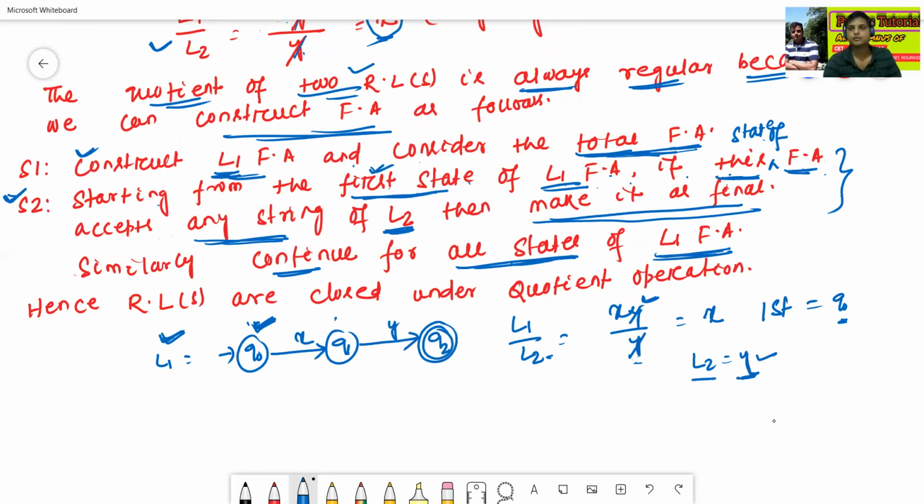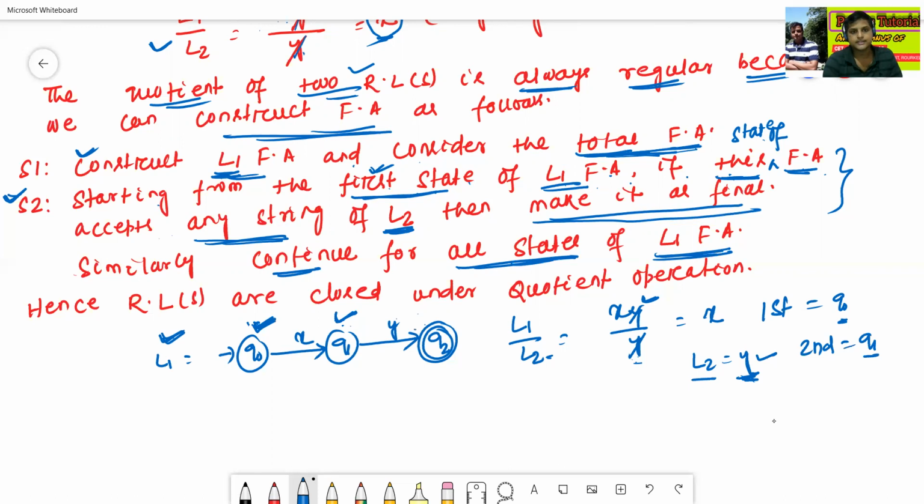Next, come to the second state, which is Q1. If Q1 accepts any string of L2 language, then make it final. Now we'll check: does Q1 accept Y? Yes. Q1 accepts Y language. So now we'll make Q1 a final state.